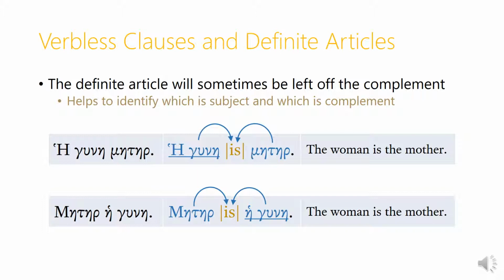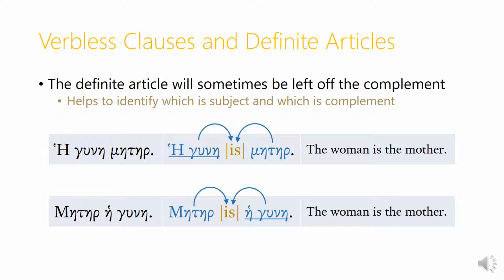Another question that sometimes comes up is why words that seem to be definite in meaning don't have a definite article. And this often happens in verbless clauses. And one of the reasons the article is sometimes left off is that it helps us then identify which word is the subject and which is the complement.